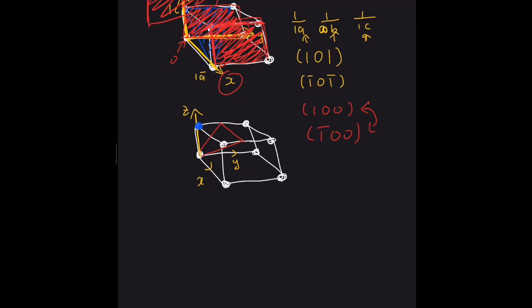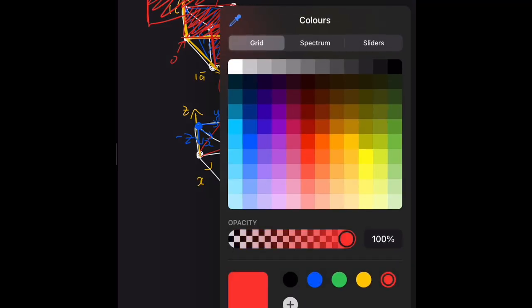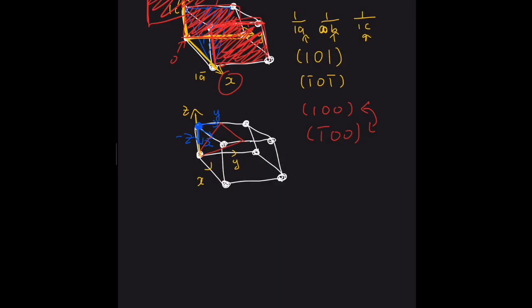So that will still be your y-axis, this will be your x-axis, but this will be your negative z-axis. So the red plane intersects your y-axis at half b. It doesn't intersect the x-axis, so it intersects at infinity a. And it intersects your negative z-axis at negative 1c.